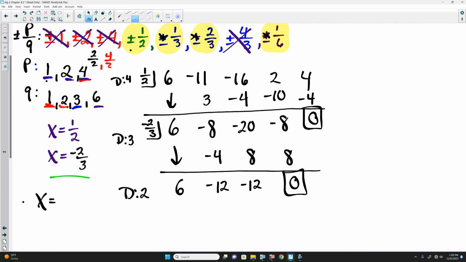What's 4 over 2? 4 divided by 2. Is it already listed? We don't list it again. 1 over 3, 2 divided by 3, 4 divided by 3. That's it.